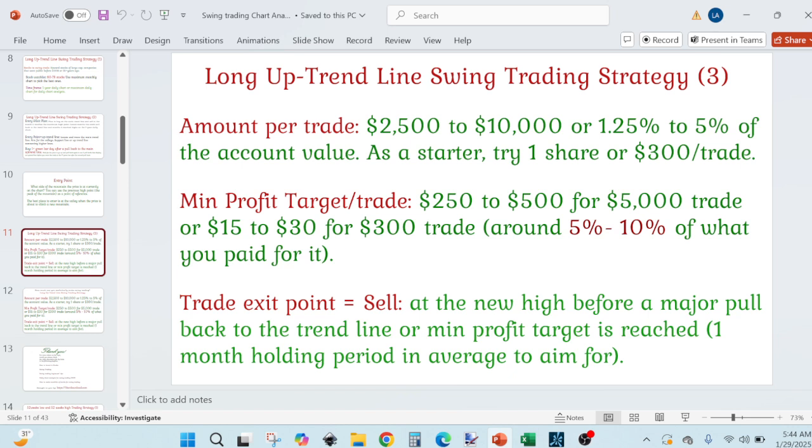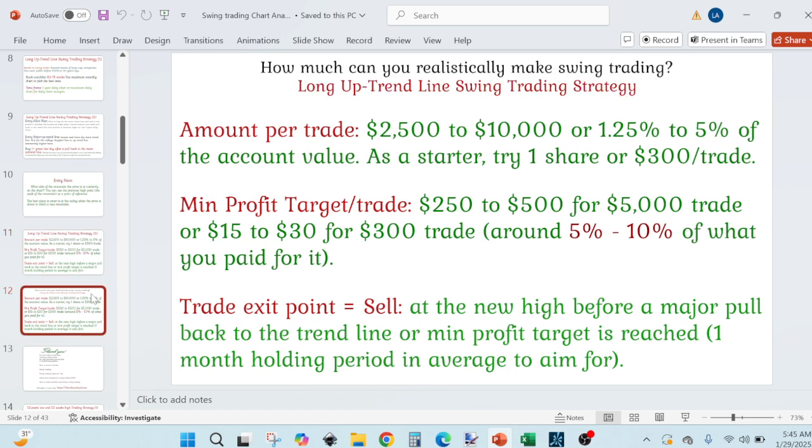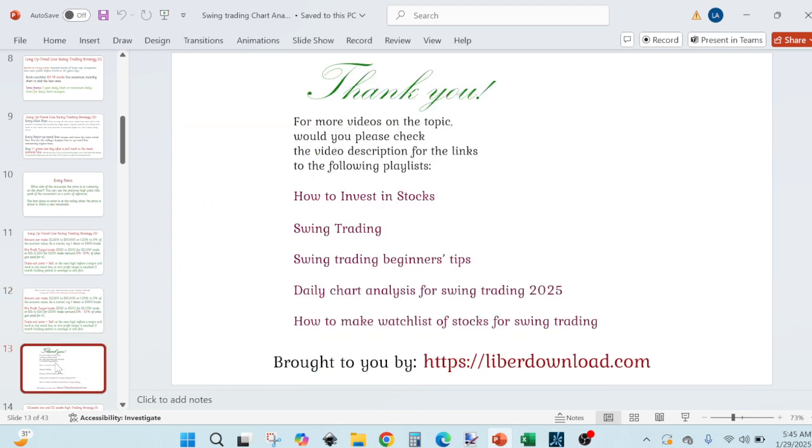That you want to just get out and lock in some small profits, or you think you got in early enough that you can ride it for a while and lock in a big chunk of profit by the time you get out. So those are decisions that you have to think about, and pretty much just know that it's not one solution fits all.